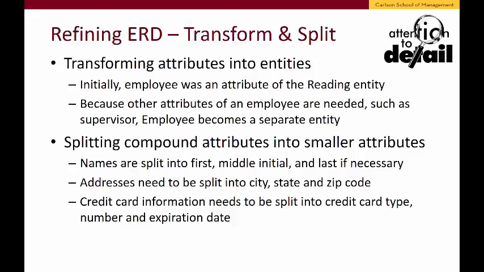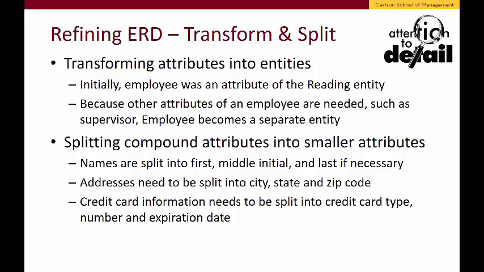We begin the refining ERD step by discussing two of the most common refining processes. Number 1, transforming attributes into entities, and number 2, splitting compound attributes into smaller ones. As you may recall from the previous presentation, an employee was initially considered an attribute of the reading entity.